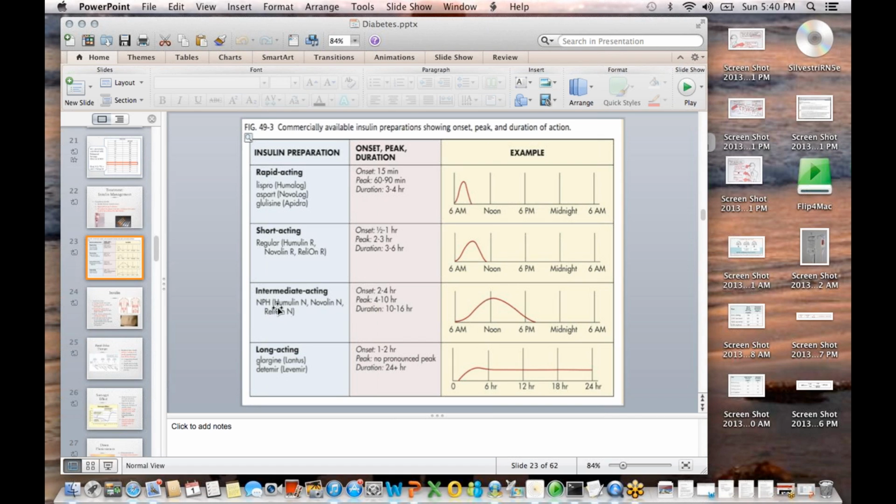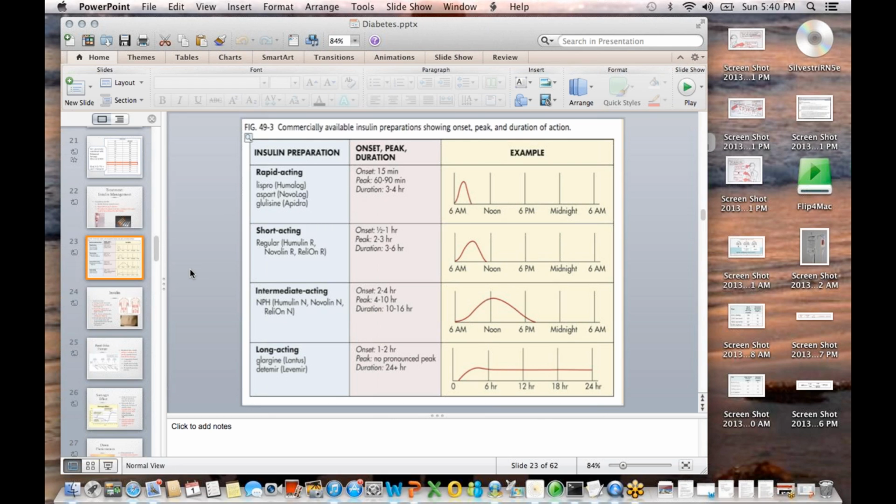So if you give a rapid acting, make sure that they have food available, and make sure to check their blood sugar pretty closely to the time that you're actually going to give it. And your rapid acting and your NPH, those are the only two that you're going to mix together, R and N. That's your clear and your cloudy.